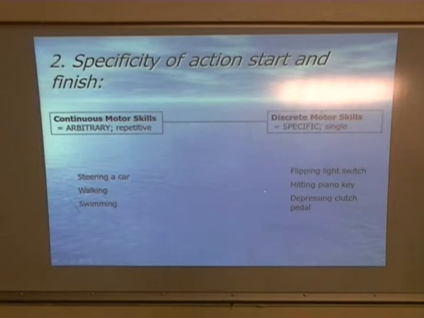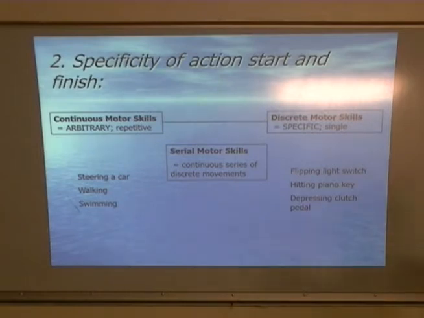Now in this classification, they actually have a name for some of the skills that lie on the continuum, and they're called serial motor skills. Serial motor skills are where we link together a continuous sequence of discrete motor skills.